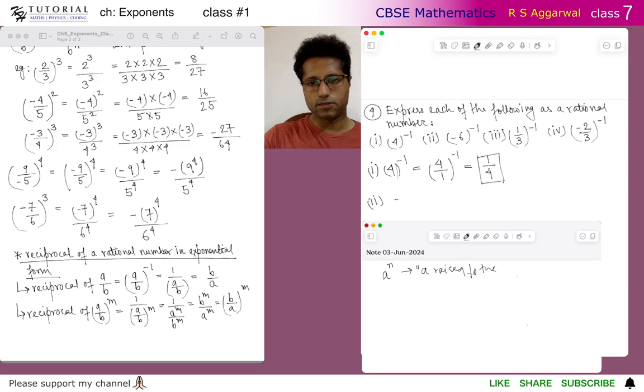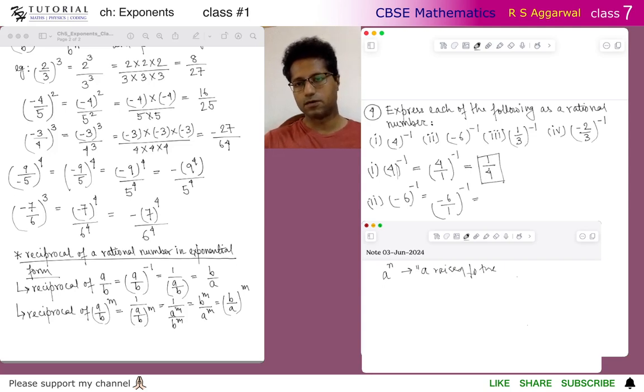The next is minus 6, its reciprocal. Minus 6 in rational form is minus 6 by 1. We reverse the numerator and the denominator, so this becomes 1 by minus 6. Again we have to make the denominator positive, so this becomes minus 1 by 6.